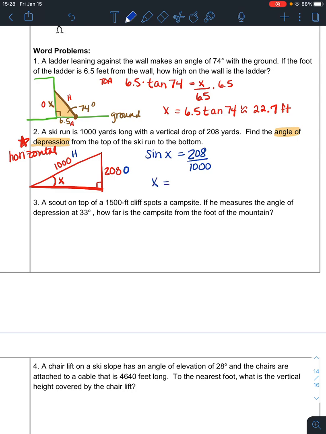And so I remember to solve that with an inverse, so X is equal to the inverse sine of 208 divided by 1,000. So you type in inverse sine 208 divided by 1,000. You find out that the angle is 12 degrees.